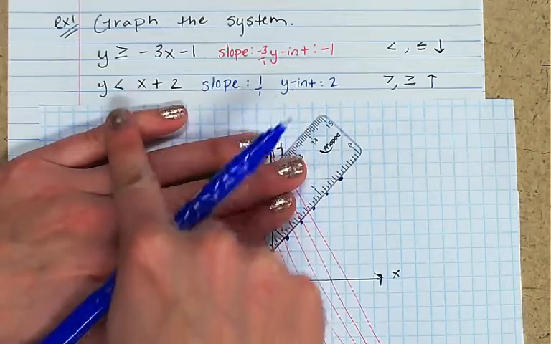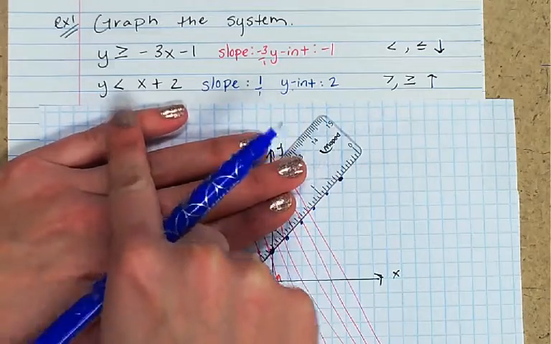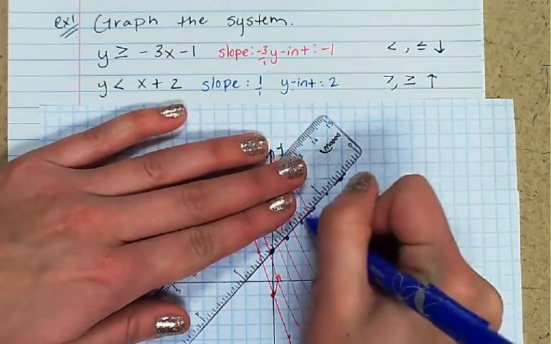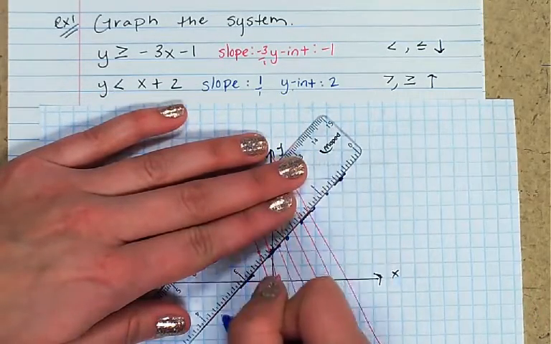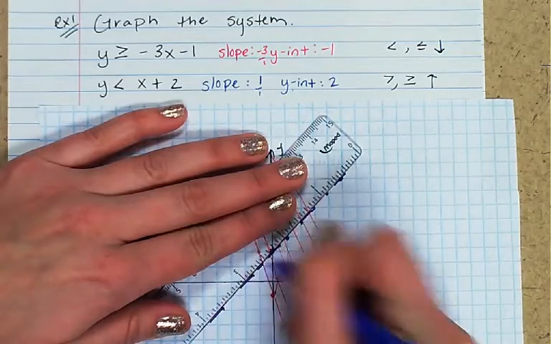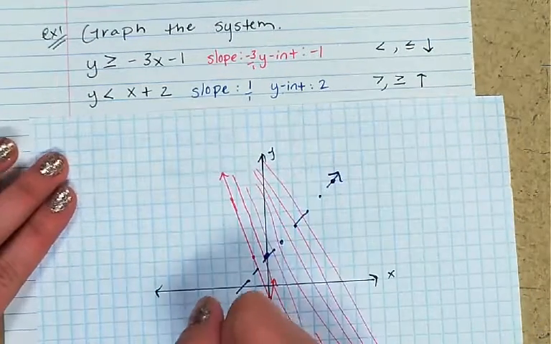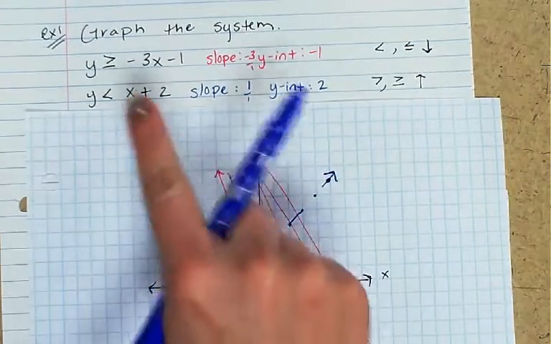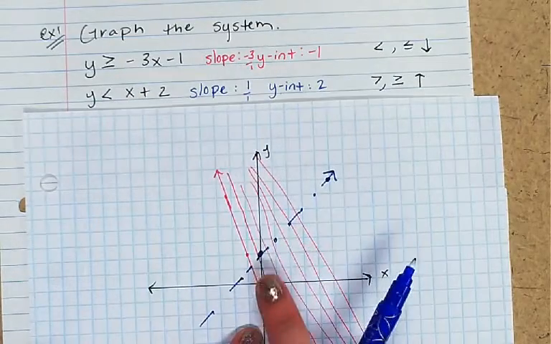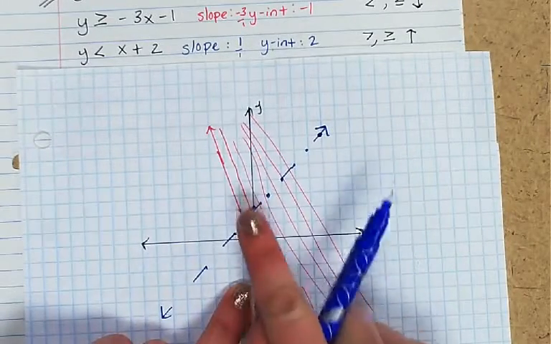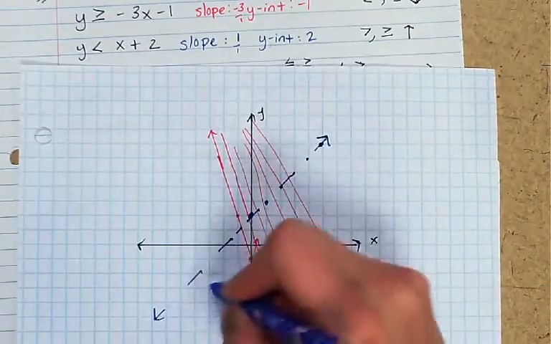Oh, on this one, is it solid or dashed? No equal to bar, so it is dashed. Okay, so for this one, we have less than. Less than is down, so I'm going to shade below the line.